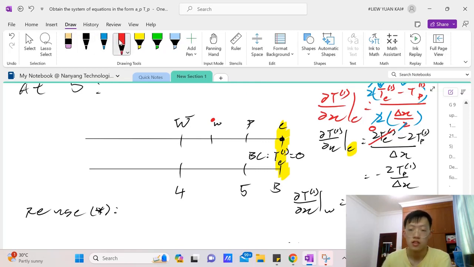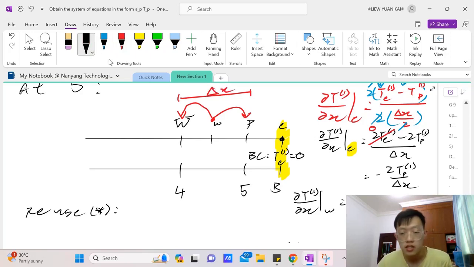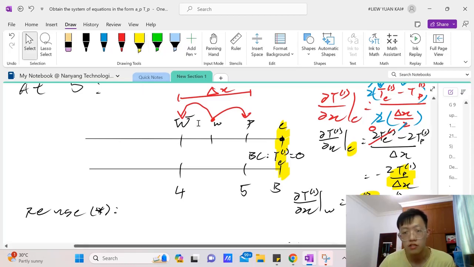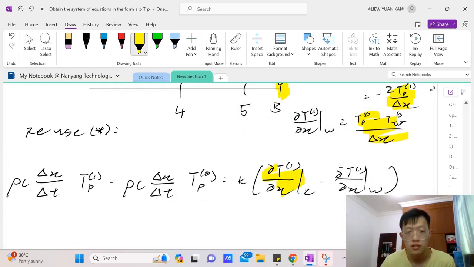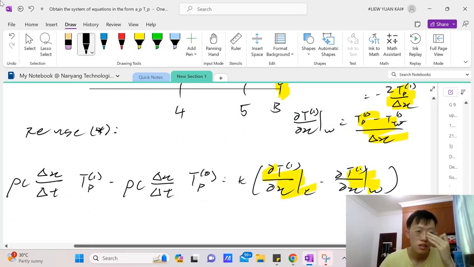To find the derivative, it is immediate right minus the immediate left divided by the segment, this full segment, which is delta x. So the immediate right is T1P, and the immediate left is T1 big W, divided by delta x. Now we can substitute these two results into our differential equation, here and here.